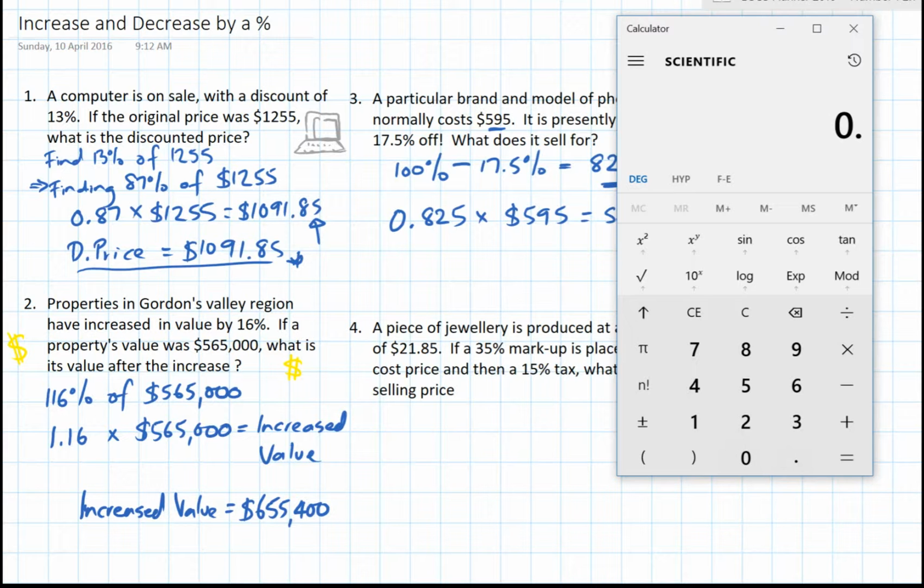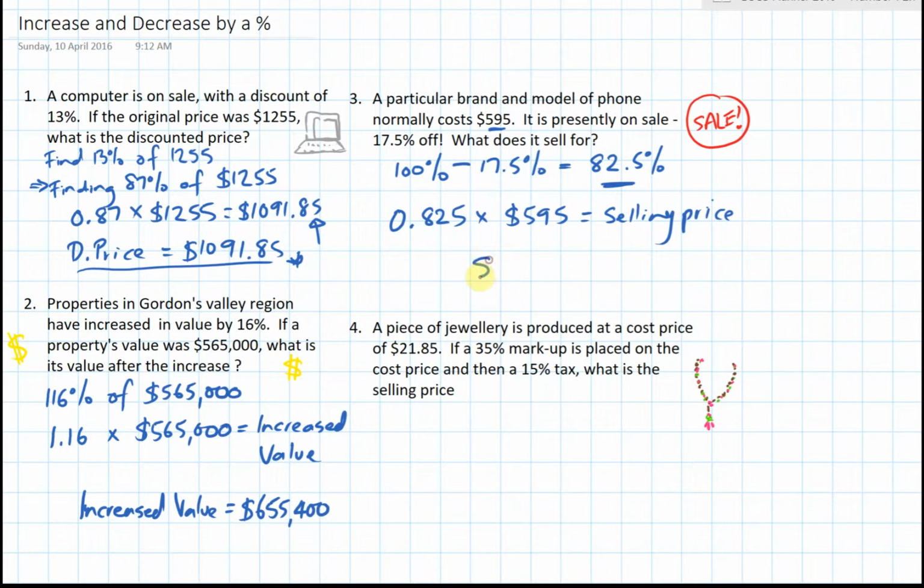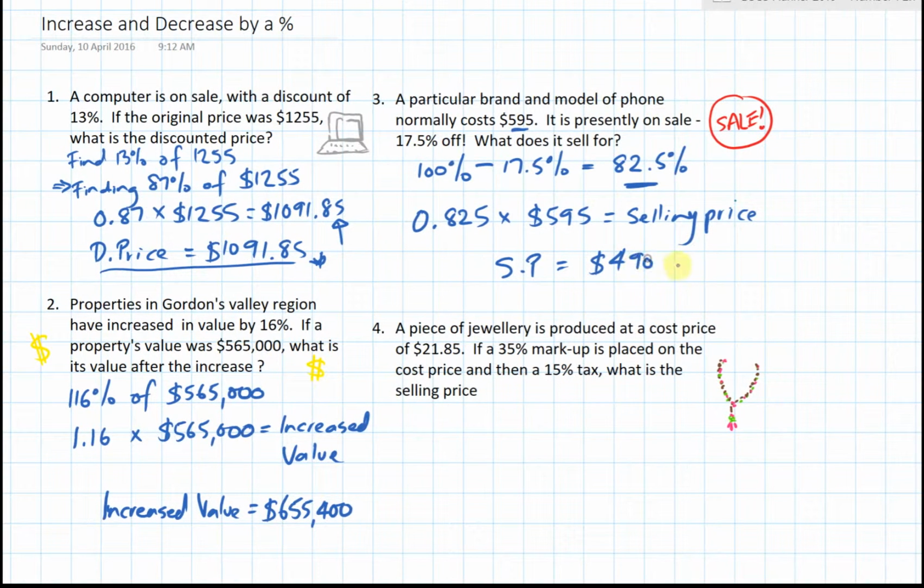So 0.825 times 595 gives us 490.88. So selling price is equal to $490.88.